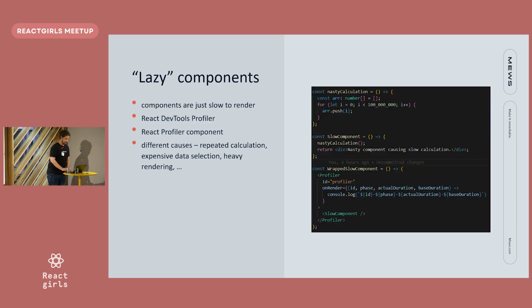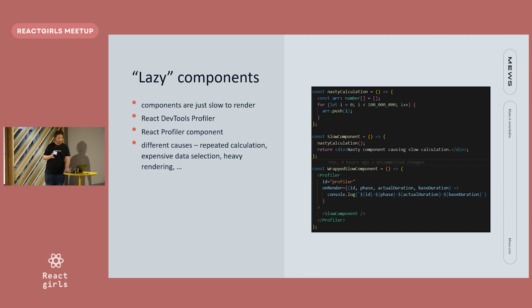We shall continue. If the performance step fails, we can have something I would call lazy components. Don't confuse it with lazy loading if you are familiar with the concept. It's just components which take a great amount of time to render without any visible causes.